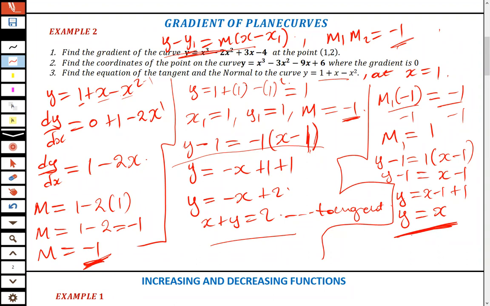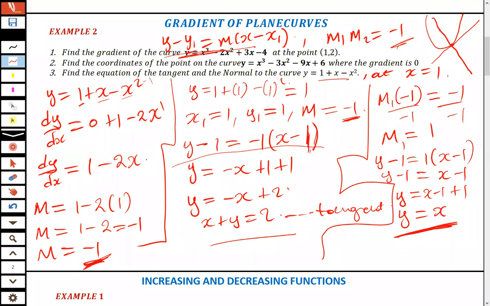In case you don't know what a normal and the tangent is: a tangent is simply, if you have a curve, for instance, like this, then at this point, a tangent is a line that touches the curve at a particular point. The normal is simply the perpendicular bisector of the tangent.